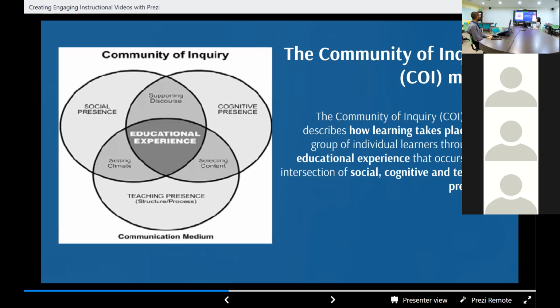Okay, so coming to this Community of Inquiry COI model, I think maybe some of you have seen it before, because this is actually a very common model when we talk about educational experience.